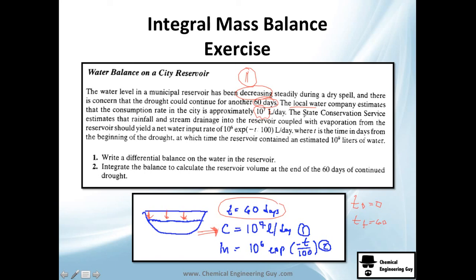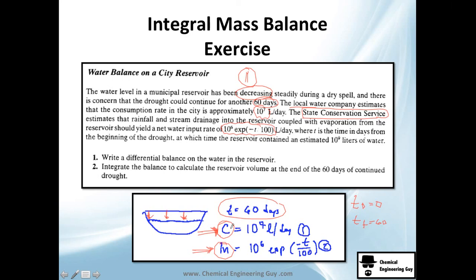And the State Conservation Service, probably full of engineers, gives you this expression, which is kind of interesting. They tell you 10 to the 6th times the exponent of minus time divided by 100. This is what the input is, what water is going to fall from the skies, also called rain. So we have an inlet and we have this consumption. We're going to see later that this is not actually a consumption, but an outlet.